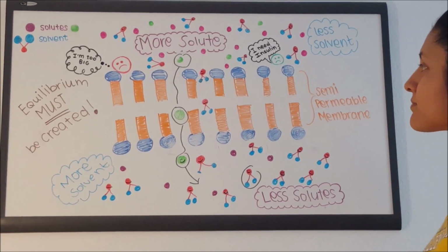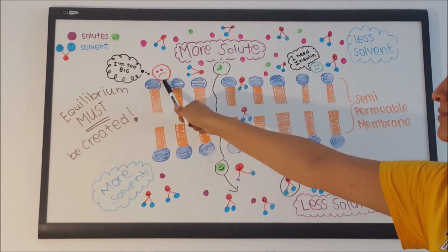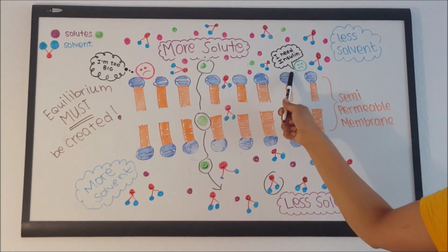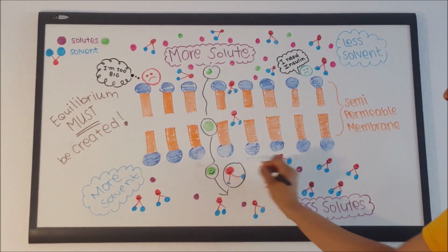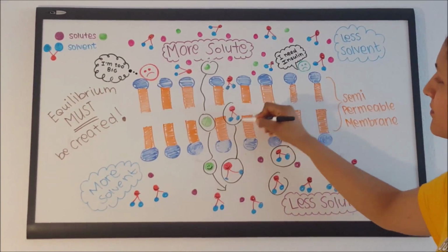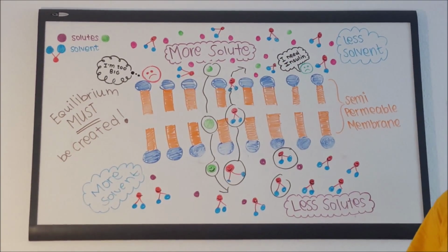Since the solutes cannot move across, either because they might be large polar molecules or need the help of another molecule in order to get through the membrane, much like glucose needs insulin, instead, water, which can freely move across a semi-permeable membrane, will move in order to balance out the concentrations on both sides.